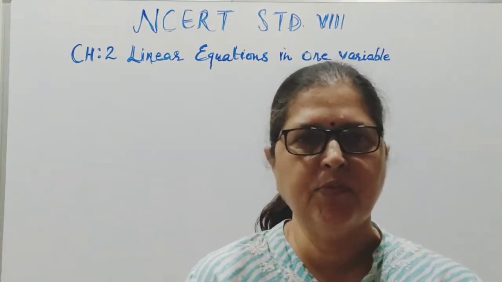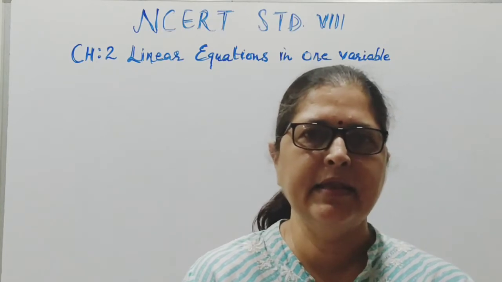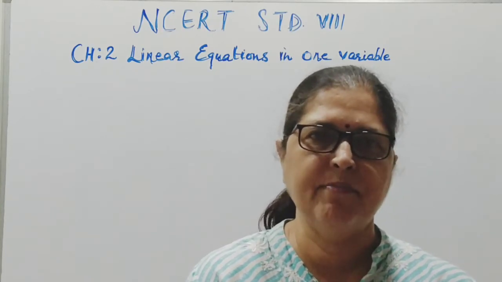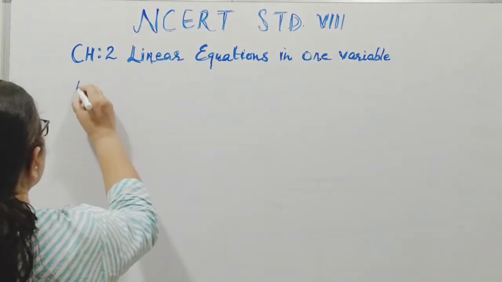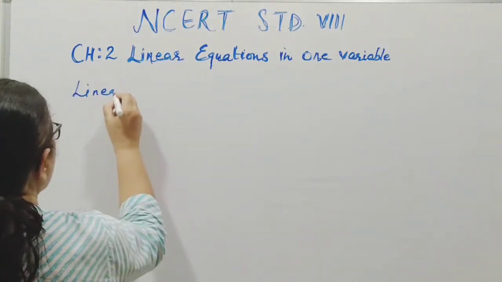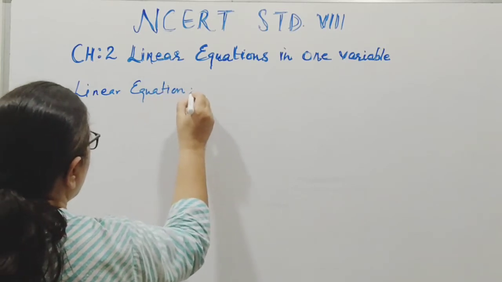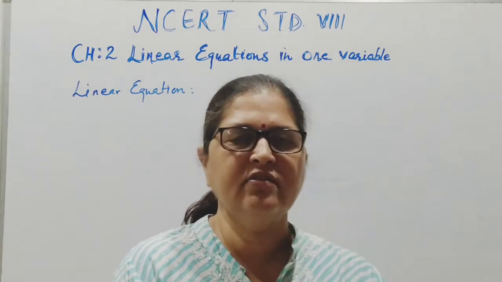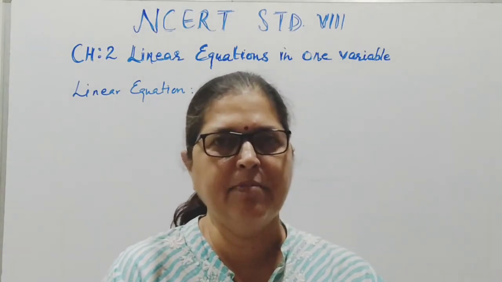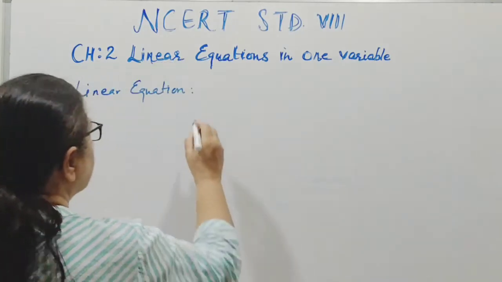Here it is clear from the name of the topic that we are going to deal with linear equations in one variable. So what is a linear equation? The equation in which the highest degree of the variable is 1 is known as a linear equation.